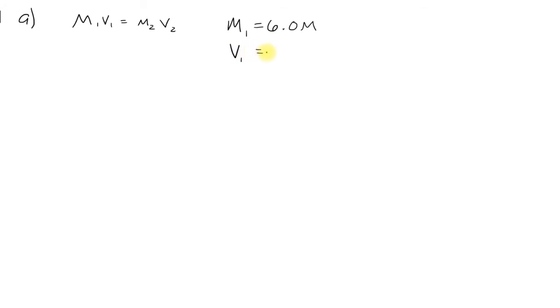We're trying to find V1. We don't know how much of our first stuff to put in. M2 is going to be our final concentration, which is 1.43 molar from the question, and V2 is I need a total of 250 milliliters. I don't need to do any unit conversions. I don't need to find molar mass. All I gotta do is plug it into this equation, so that's nice.